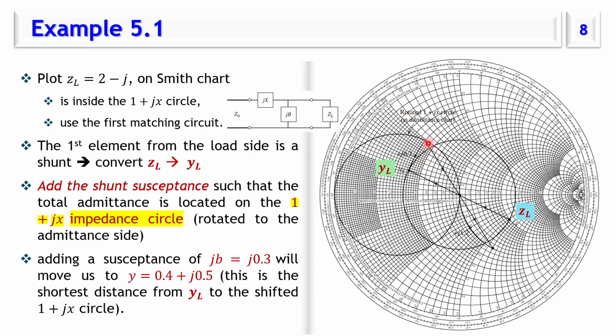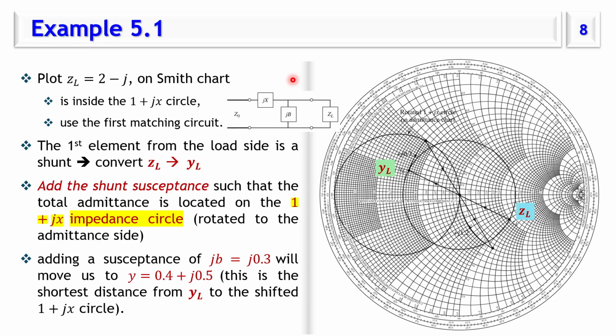Once we have the total shunt admittance, we convert it to the input impedance for the two shunt elements connected together. It will be this point. Now I would like to add a reactive component in series to this point to bring me to the matching point. And why do we use a reactive component?